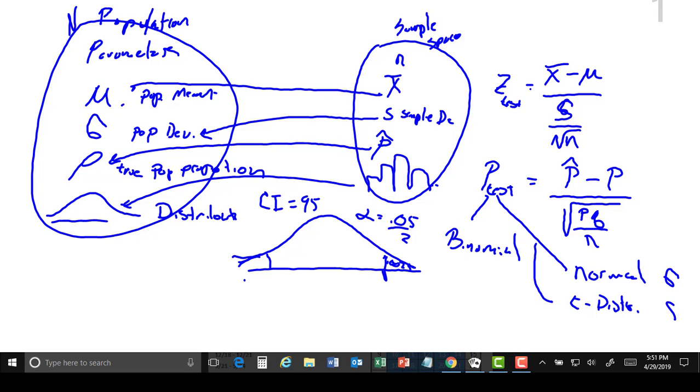What I want you to know is that this number is alpha divided by 2, and alpha is equal to 1 minus whatever confidence level you chose. If it's 95, 1 minus 0.95 gives 0.05. If we set it up as a two-tail, then we split that alpha into 0.025 and 0.025.